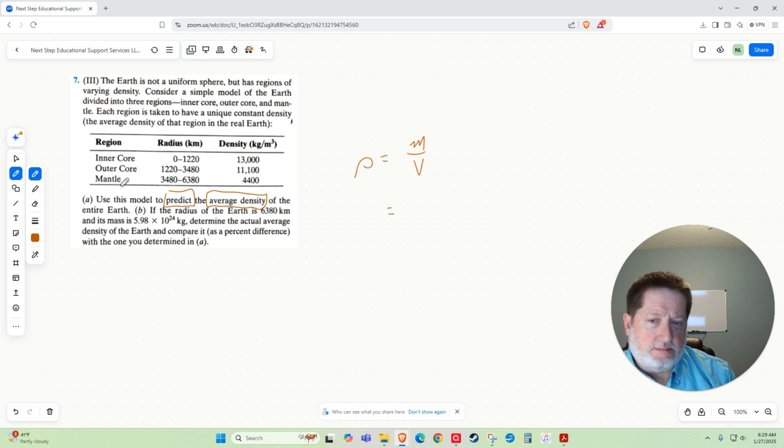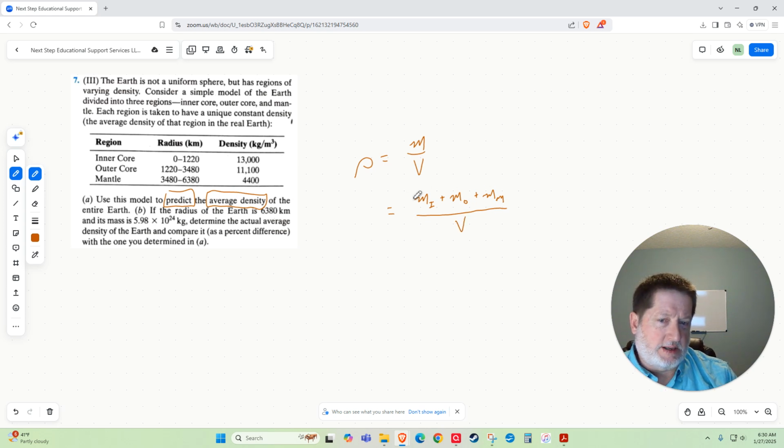So to do that, I'm going to need the mass of the inner region plus the mass of the outer core plus the mass of the mantle. Now we could also add up all the individual volumes down here, but since these are all put into one large giant sphere with this outer radius here, I can just keep this at the total volume.